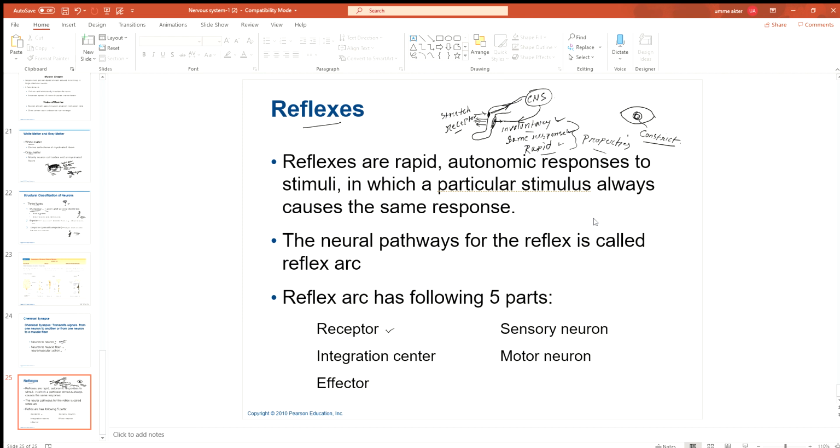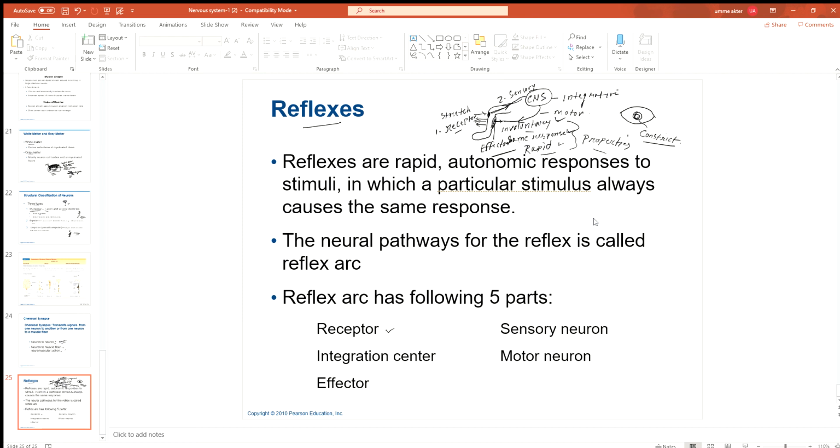So receptors, number one. Number two, sensory input or sensory neurons, and then integration in the central nervous system, motor output, and the last component is the effector, which will perform the action.